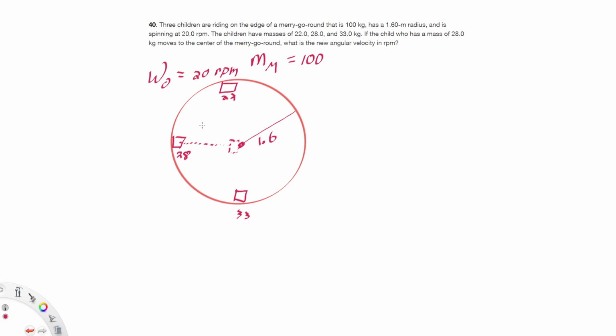So the first thing we definitely need, RPMs is not a unit we can do math with. We need to convert from RPMs to radians per second.